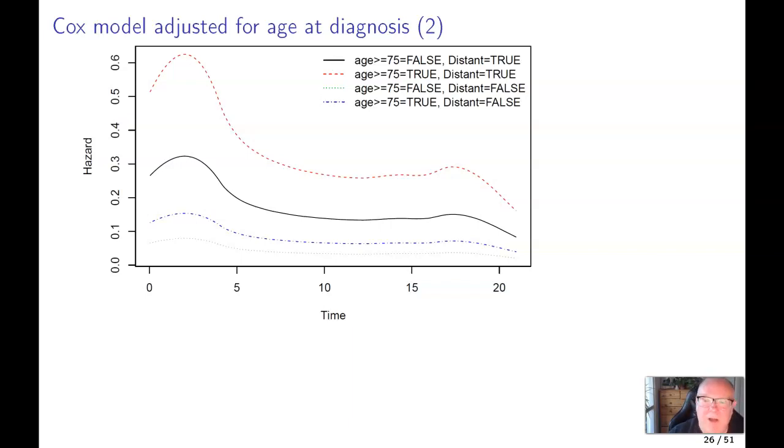So our model will assume that there is a hazard function for each of these, and the hazards are proportional. So here are the 4 hazards, and you can see that there is a turning point in the hazard. So the parametric models would not be able to capture this.